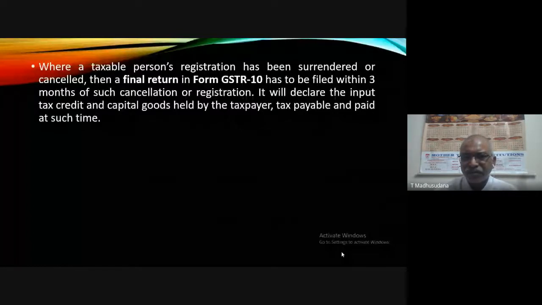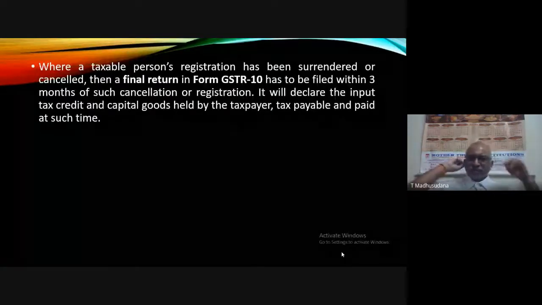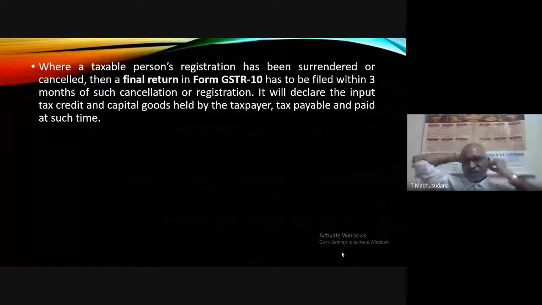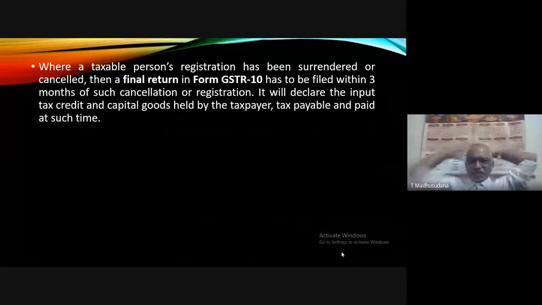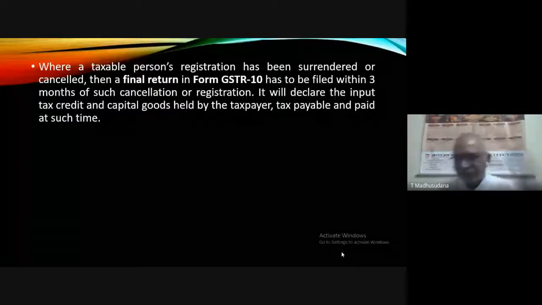Therefore, if anybody has surrendered the registration or applied for cancellation of registration, the final return is to be submitted in form GSTR 10 by the taxable persons. It will declare the input tax credit and capital goods held by the taxpayer, and the tax payable and paid at such time.